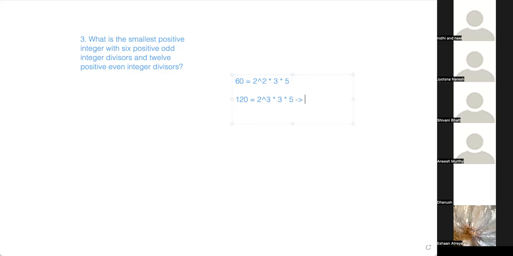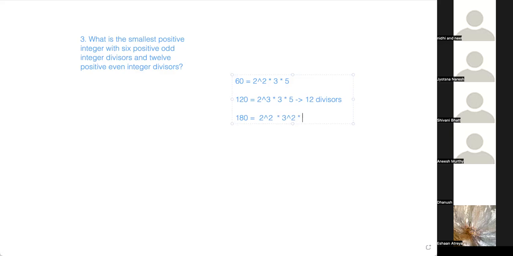And so in total you have to find 18 divisors. And then for 180, it was 3 to the second, 2 to the second, and then 5, which gives you 18 divisors.